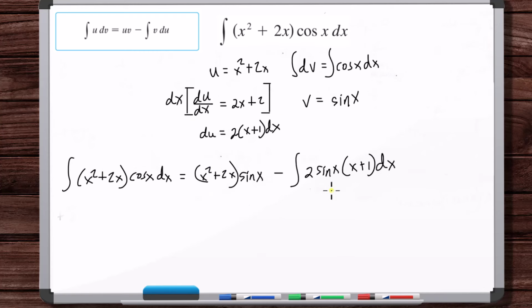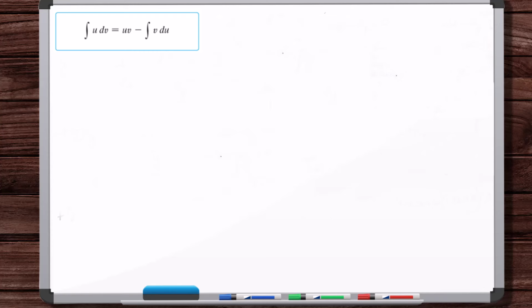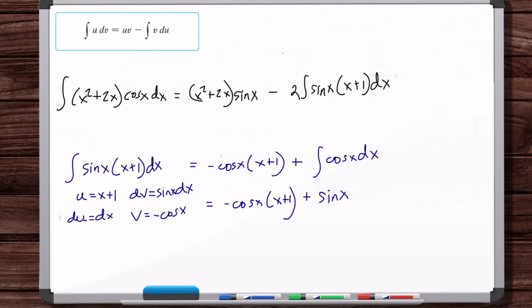Okay, so coming back here, we've got x squared plus 2x sine x minus, and then we brought the 2 out, minus cosine x times x plus 1 plus sine x.